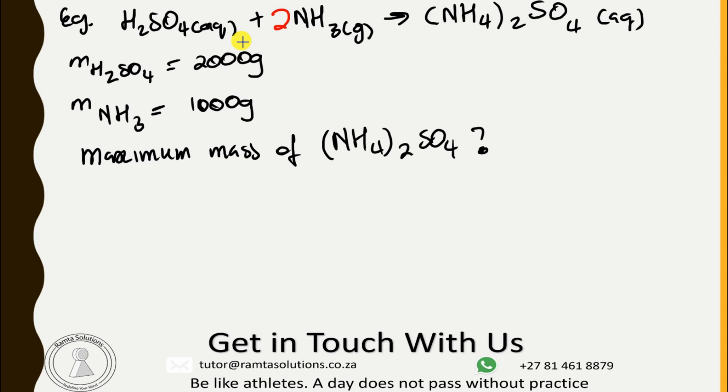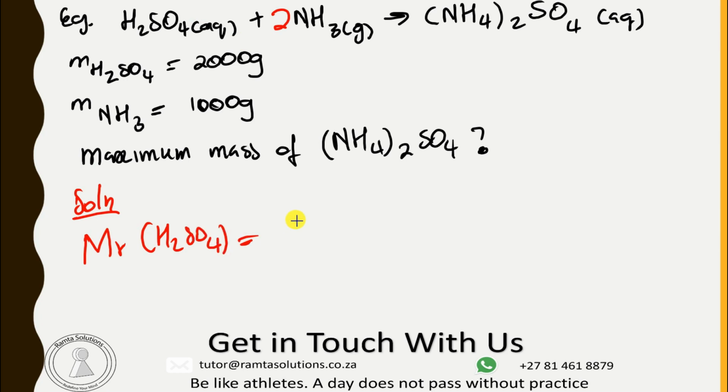It is balanced. So now what you also need to know is this. We are given masses. We are not given number of moles, right? So let's do this. Solution, I will say Mr H2SO4.